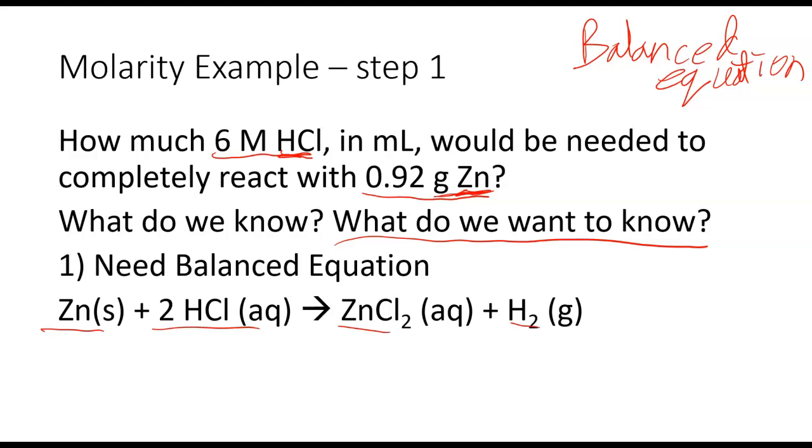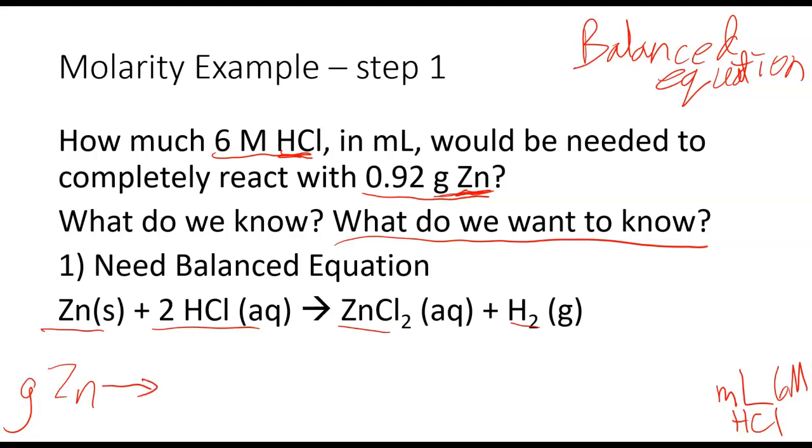Now we need a plan. So grams of zinc is what we're starting with, and we're going to need milliliters of 6 molar hydrochloric acid. Grams of zinc, but we can't use that balanced equation unless this is in moles.